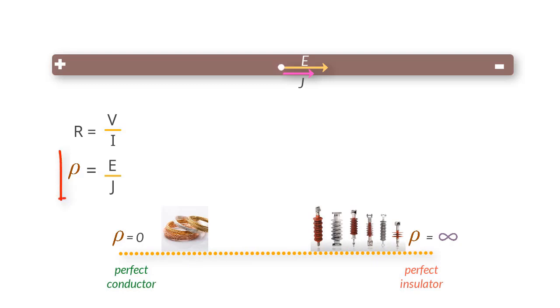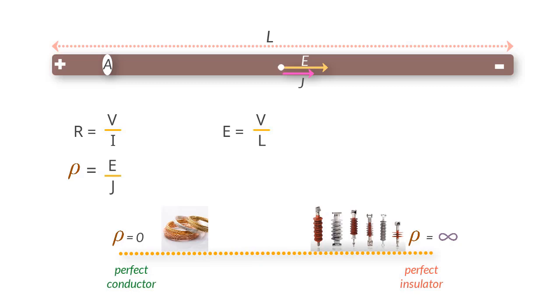Now let us break down this equation further and say the length of the wire is L and the area of cross section is A, and if we assume current density to be uniform across the wire, we can write E is equal to V upon L and J is equal to I upon A. Then if we put these in this equation, what we get is rho is equal to V upon L by I upon A. That equals VA upon IL.